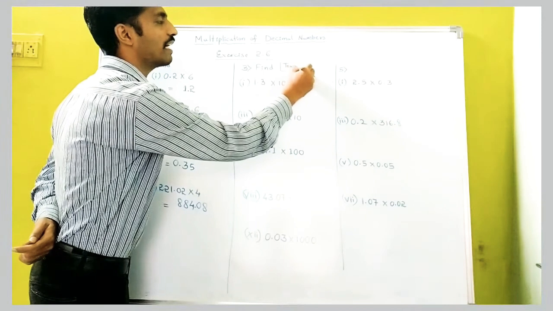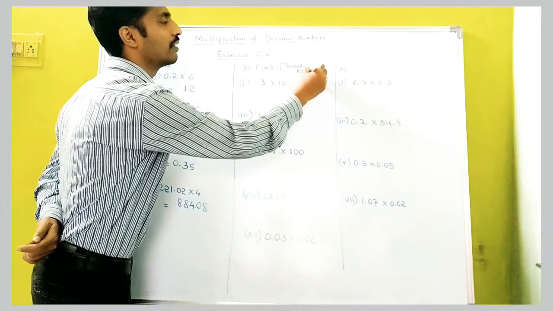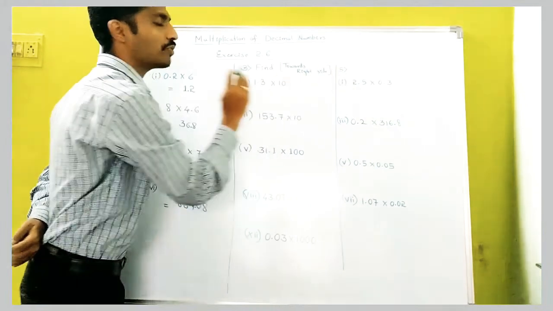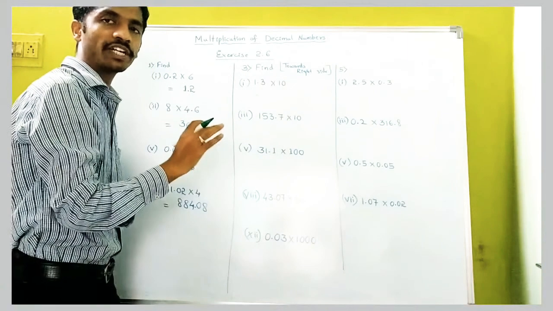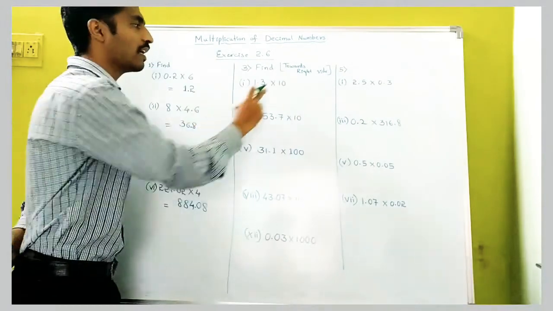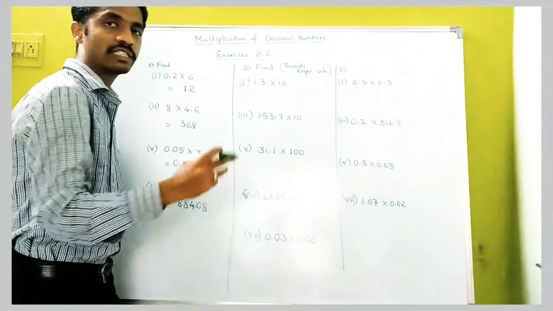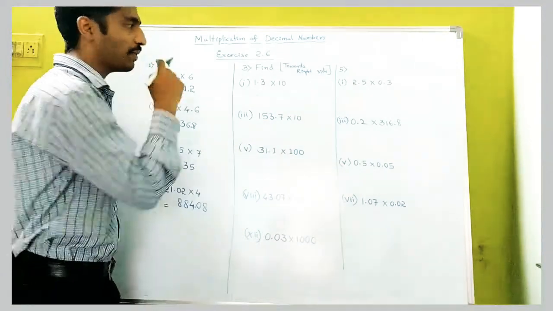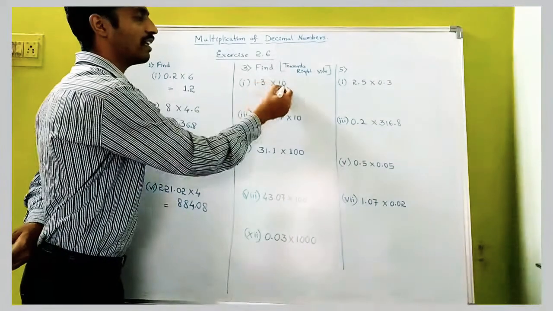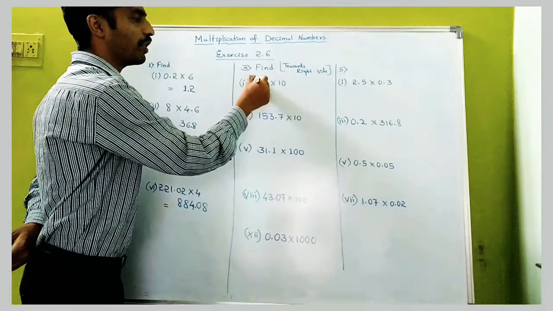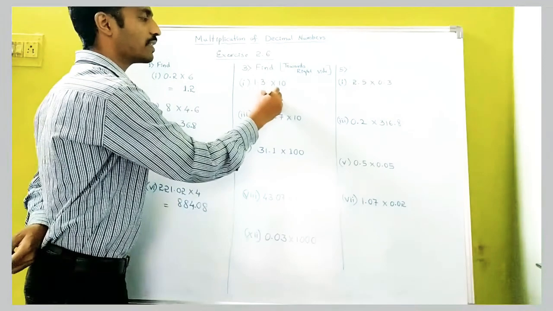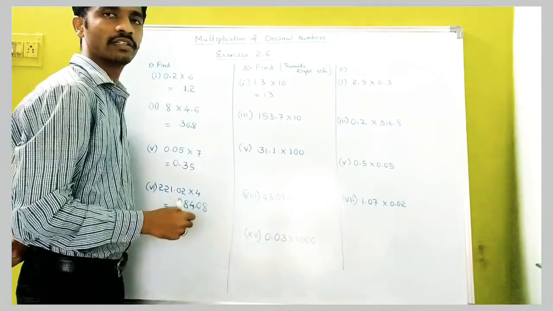It is only possible in multiplication of decimal with 10 multiples. 10 multiples means tens, hundreds, thousands, 10,000 like that. So how to move the point? Towards the right side. Here 1 zero is there, so this point will move towards the right side after one number. So it becomes 13.